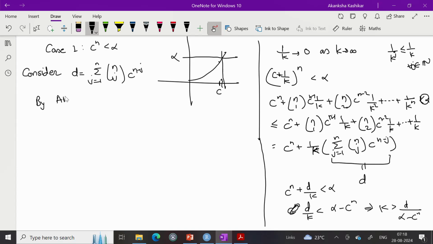Now by AP1 there exists a natural number k such that k is larger than d upon alpha minus c raised to n. By the way, remember we are in this case where c raised to n is less than alpha. Hence alpha minus c raised to n is positive, and hence I don't have to worry about the inequality sign here.